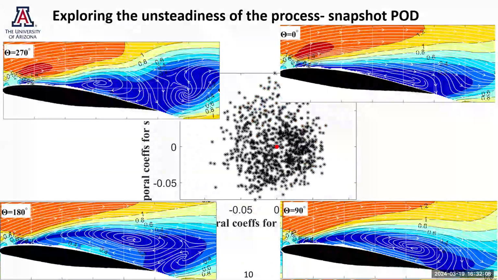As we progress, this recirculating region enhances, and we have a saddle point and a nodal point of attachment downstream of it. Finally, a structure sheds from the recirculating region, and the region becomes smaller again. So although we didn't do time-resolved PIV, we are to a certain extent able to get an understanding of some periodic behavior that may exist in the flow.